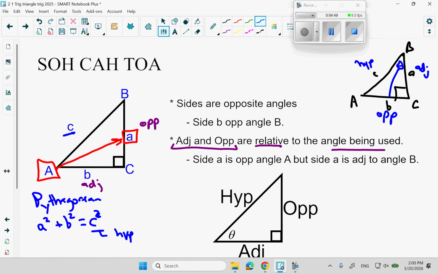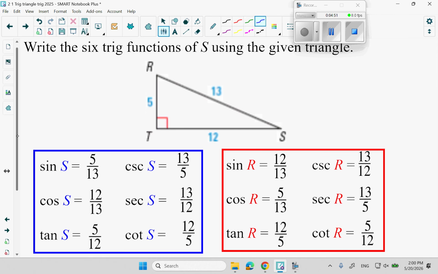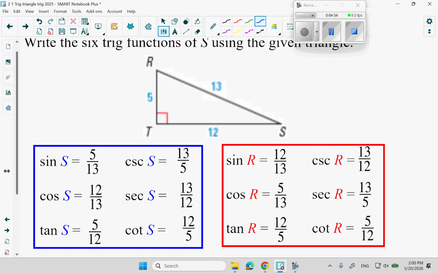So that's important to note. Let's see what that does. So let's say I was doing all 6 trig ratios from the perspective of S. From the perspective of S, 13 is absolutely my hypotenuse. 12, it's the side next to my angle. It's absolutely my adjacent. 5 is clearly across from my theta, so it has to be my opposite.